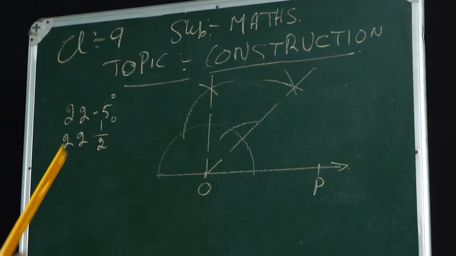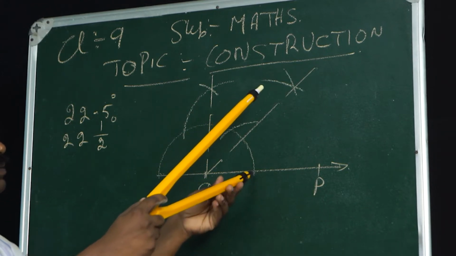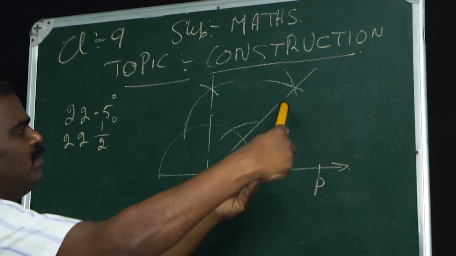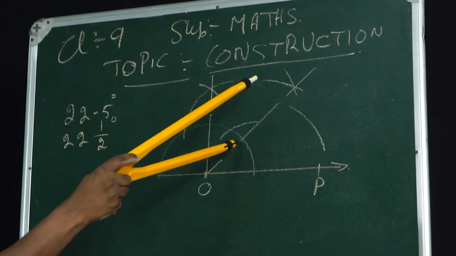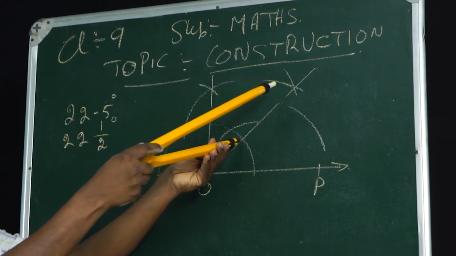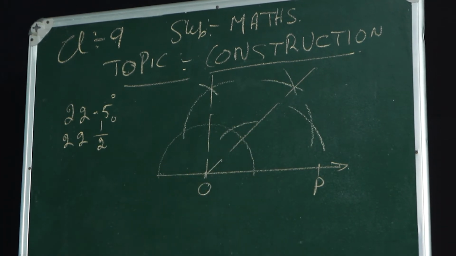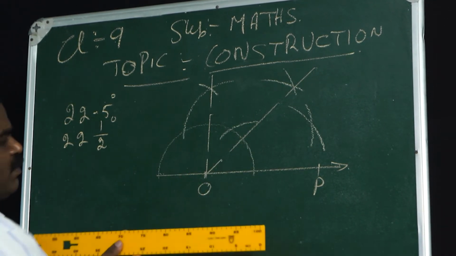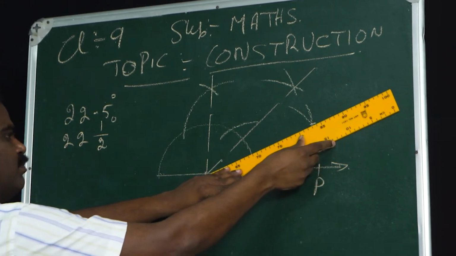Okay. So, this is 90 degree, this is how many degree? 45 degree. Now, we are going to divide the 45 degree into two parts. From here one arc, and where the 45 degree dot line and semicircle are meeting, right? Keep the compass there, another arc. Where both arcs are intersecting, keep the dot and join them.